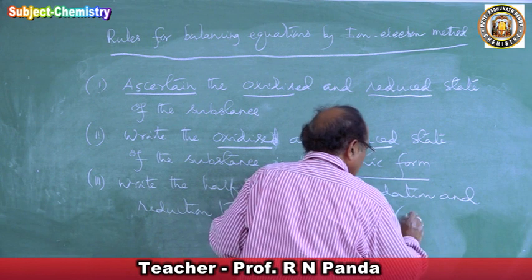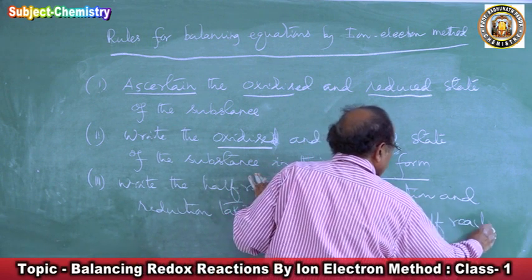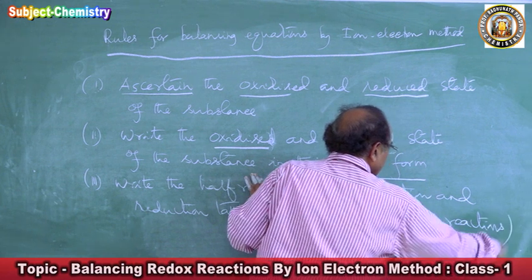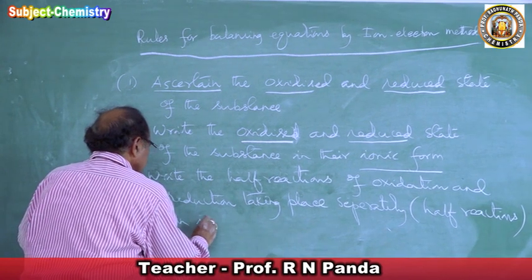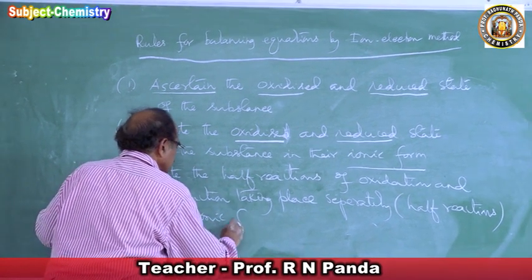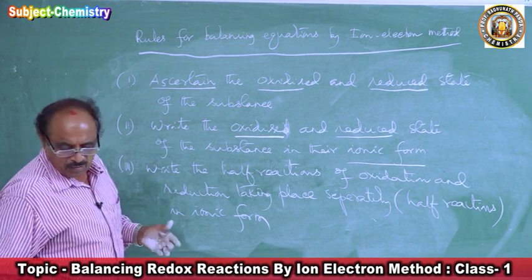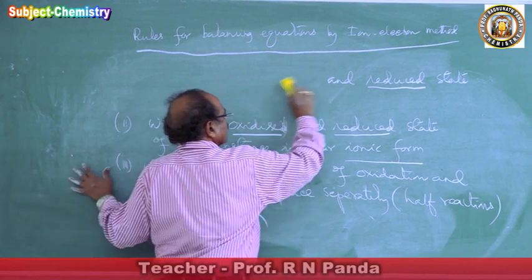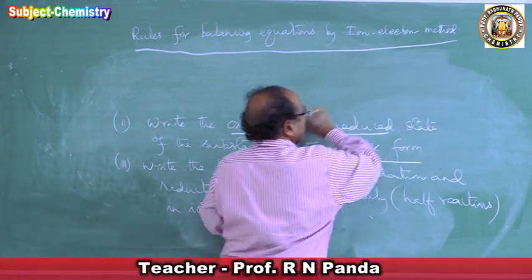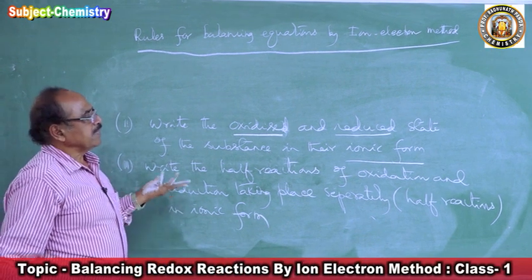So these are called what? Half reactions. These reactions are called half reactions, separately in ionic form. Then what you will do, we will balance the oxidation half reaction and the reduction half reaction and balance the electrons.